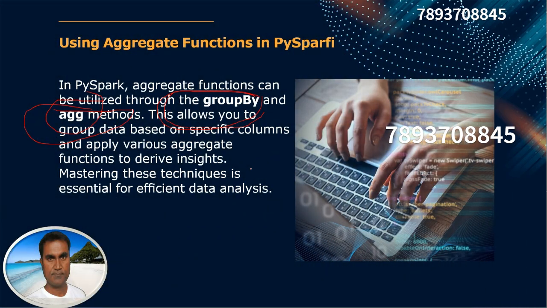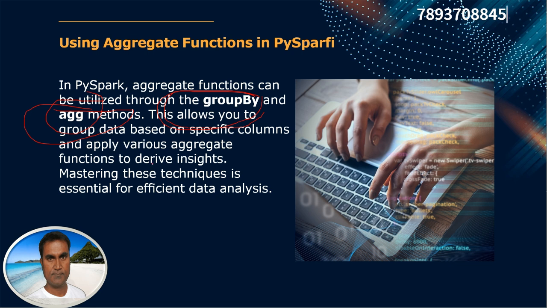Next, we see group by and aggregate. Group by allows you to group data based on specific columns. We can group specific columns and apply various aggregate functions using the agg method, the aggregate method.